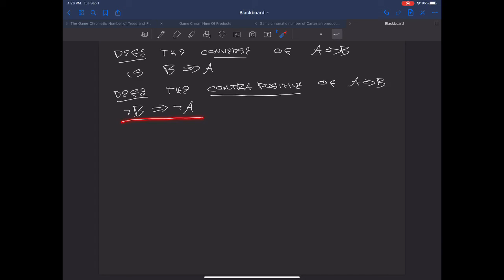Try proving if not B, then not A. And if the contrapositive is true, the original statement also has to be true. We'll talk about different ways of proving our various statements next time. So hopefully this gave you a good review of logic. We'll keep on talking about this when we move on to quantifiers.